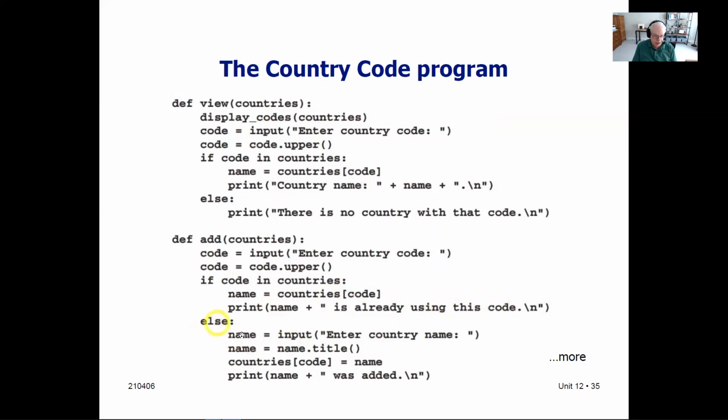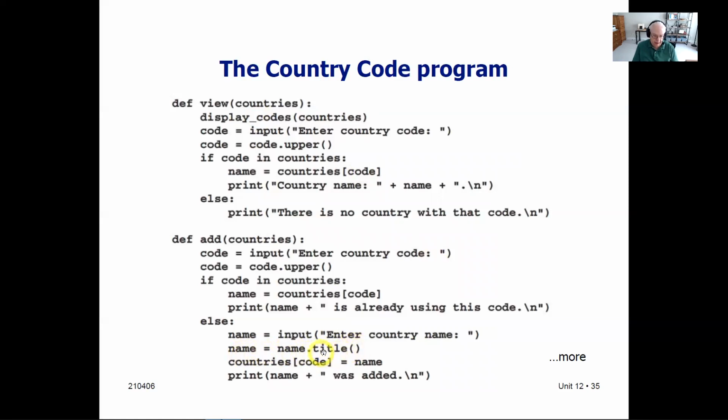Our else clause is different, okay, so here we will ask for a name, a value that we want to associate with that code, which is a key in our dictionary. So name is going to be the string that we want to add to that key. And so we want to convert that name into a title. In other words, capitalize the first letter and then all the other characters be lowercase.